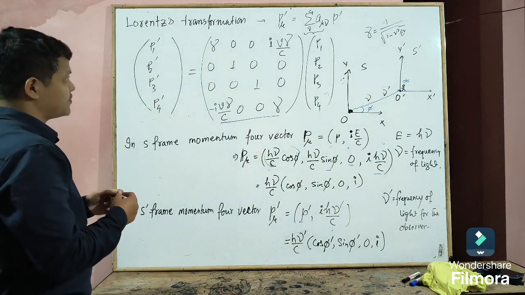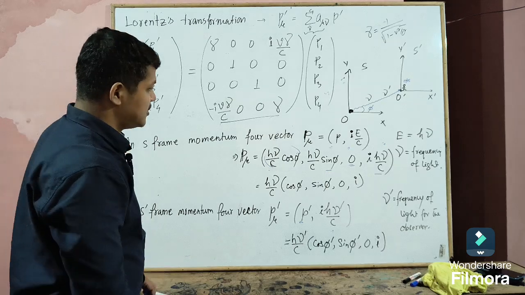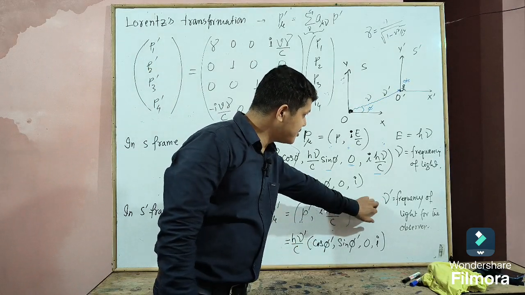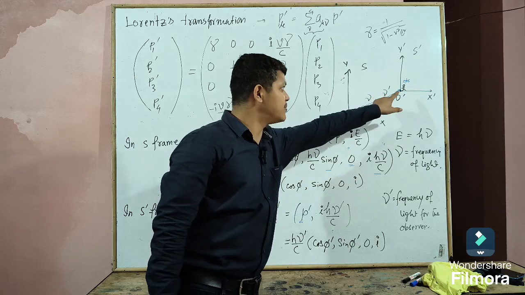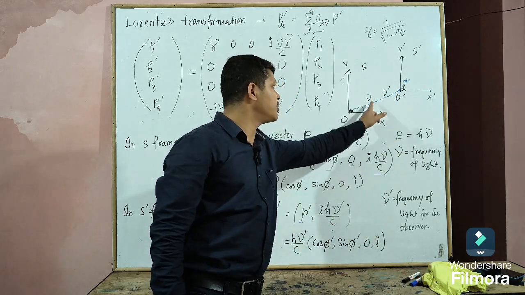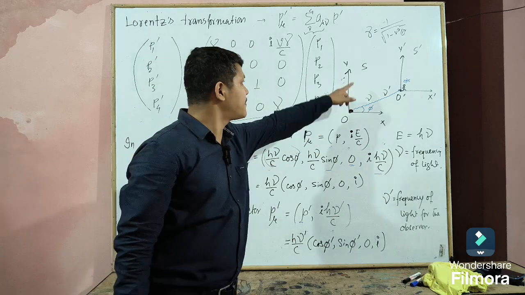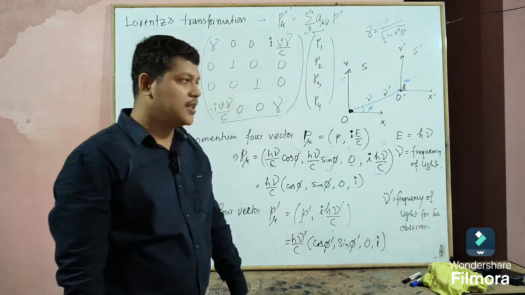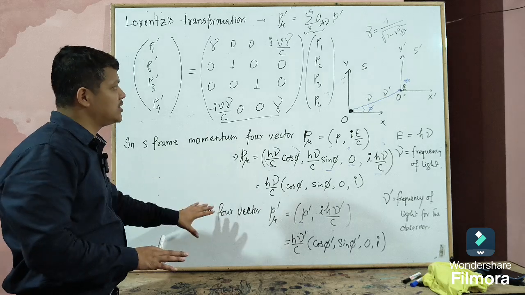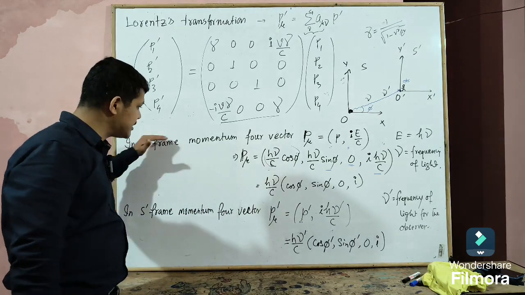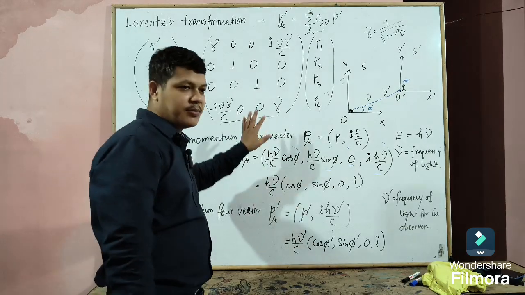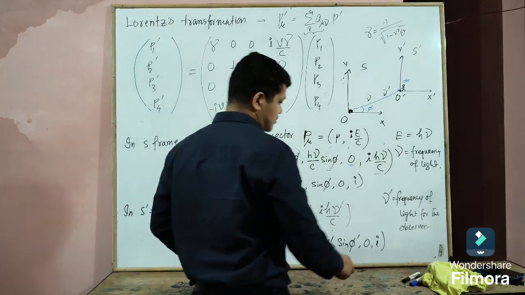Hope you have understood this. Now we are going to find the relation between the frequency observed by this observer and the original frequency of this light in this frame, right. So hope you have written all these things. Now let me clean this part, okay. So now we're gonna deal with this matrix only, right.